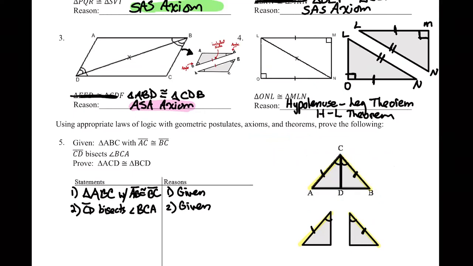I need either all three sides to be congruent from one triangle to another, 3 pairs of corresponding congruent sides. It doesn't look like I'm close to having that. I could have 2 sets of corresponding congruent angles, which I'm kind of close to.